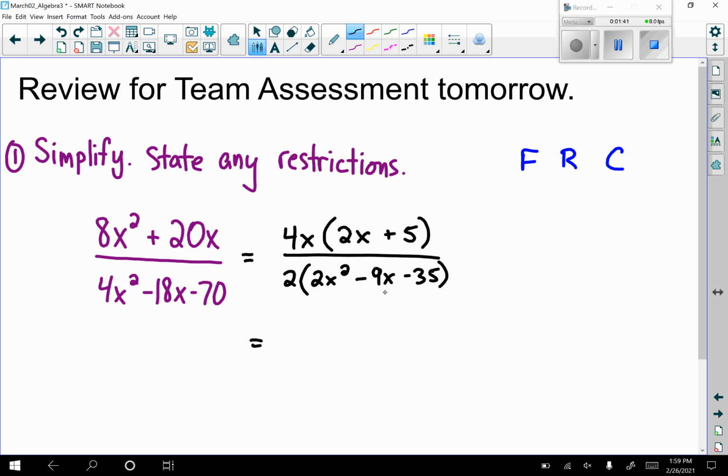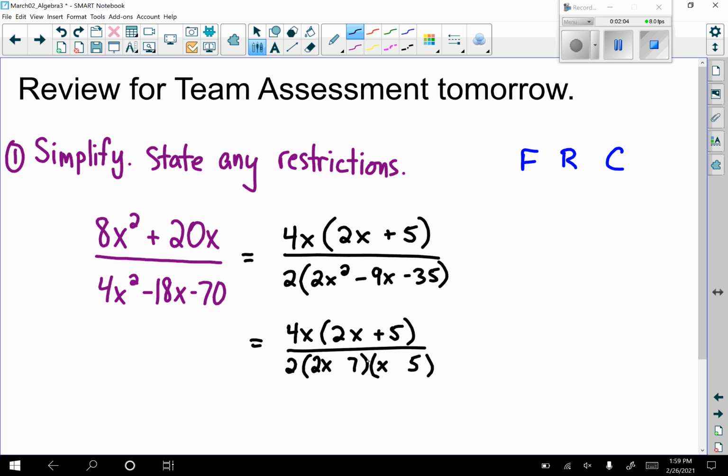All right, we still have to try to factor this trinomial, so I'm just going to recopy everything else. But now the 2x squared minus 9x minus 35, I'm going to try two binomials here. The only way to factor 2x squared is 2x and x. I'm going to first try the 7 and the 5, and let's see if that works.